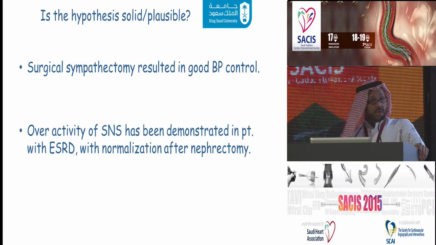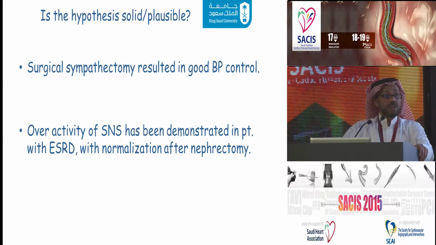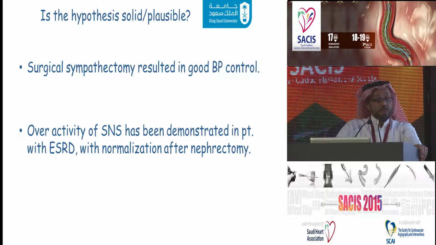However, most of these early studies were associated with high morbidity and mortality. Nonetheless, this is one of the undisputable pieces of evidence that denervation of the kidney results in better control of blood pressure. More data comes from end-stage renal disease. They get their blood pressure normalized after nephrectomy.